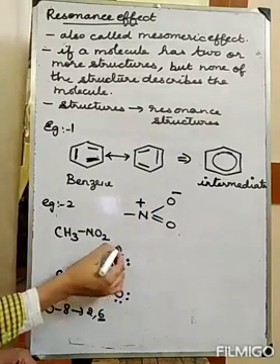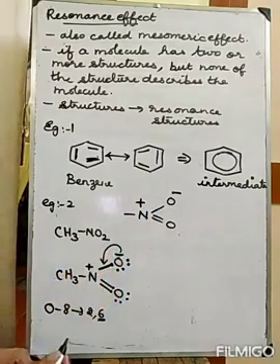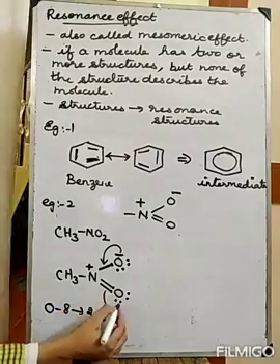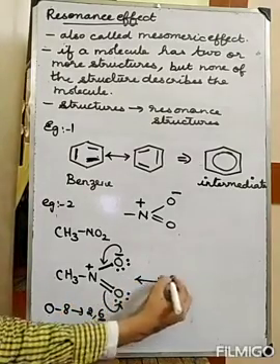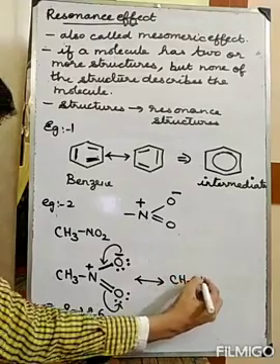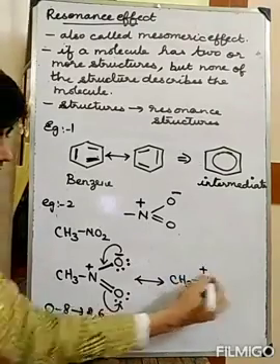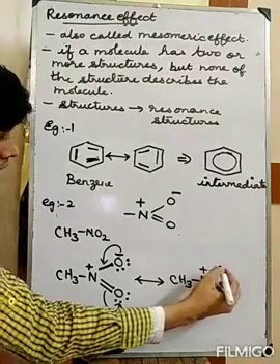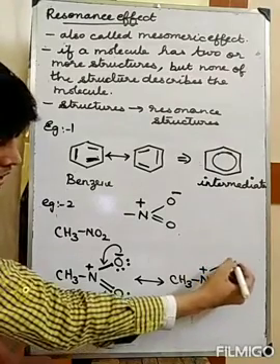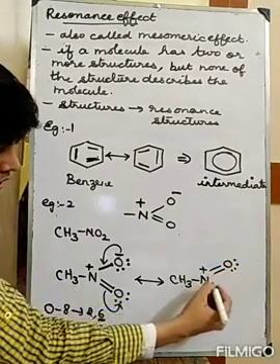Now, if this negative charge shifts here, what will happen? This negative charge will go here. So, the resonance structure will be CH3N plus. This negative charge has come here, so it will become double bond O. So remaining 4 electrons.